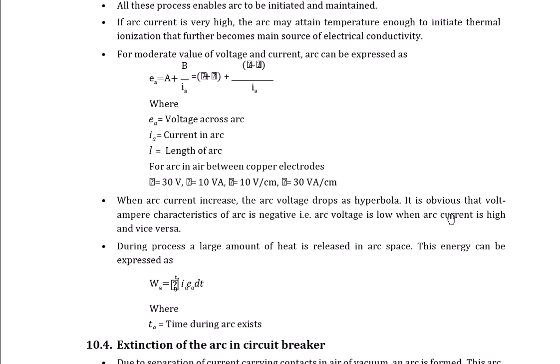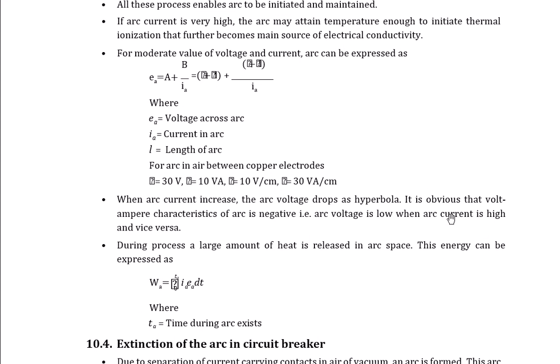For moderate values of voltage and current, the arc resistance can be expressed by this equation, but we don't have to remember this equation. When arc current increases, the arc voltage drops as a hyperbola, and this is an important point.